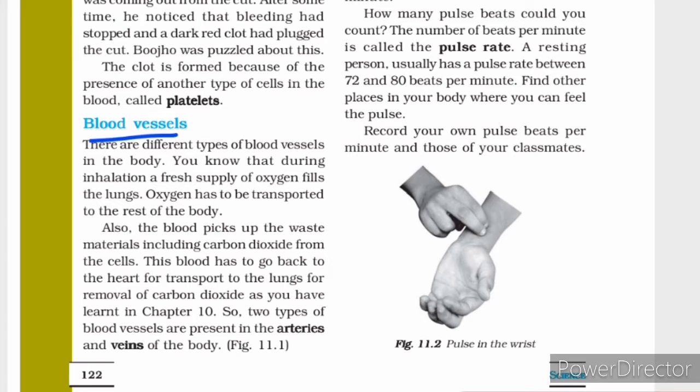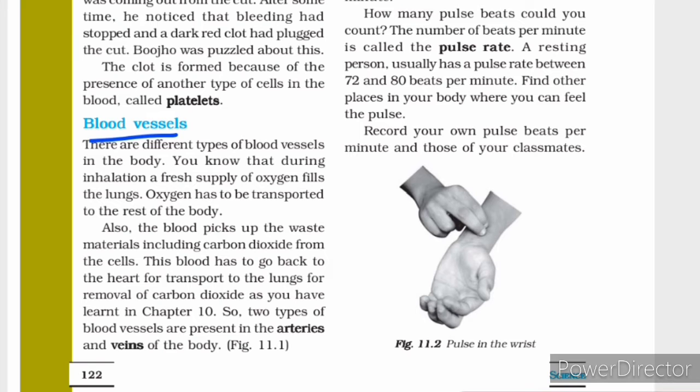But this oxygen has to be transported to other parts of the body. We have learned that blood transports waste for removal from the body. So, blood also transports waste materials, which include carbon dioxide, from the cells.